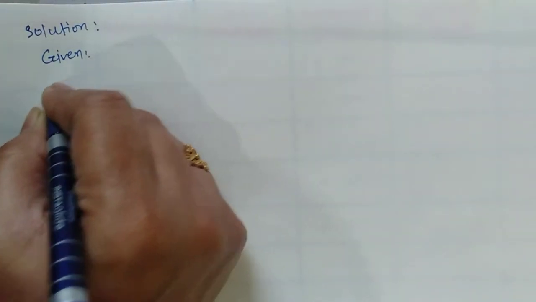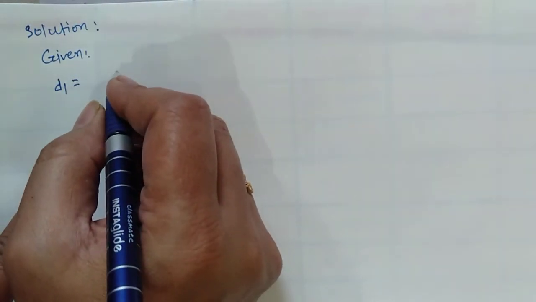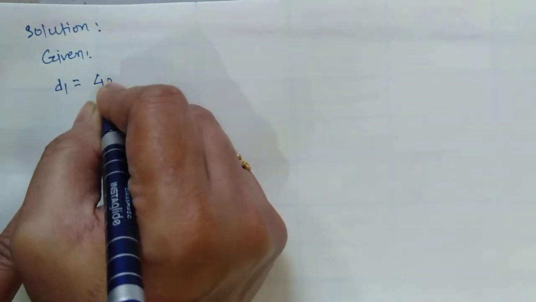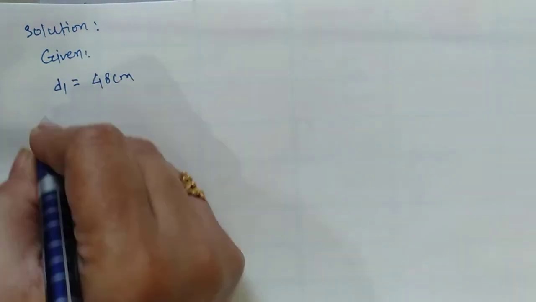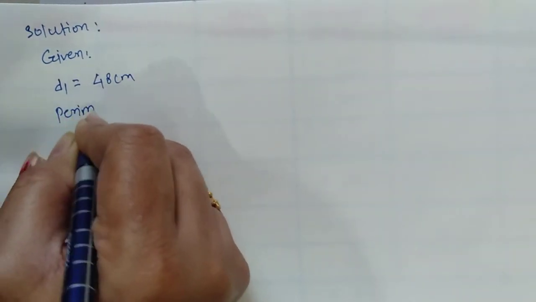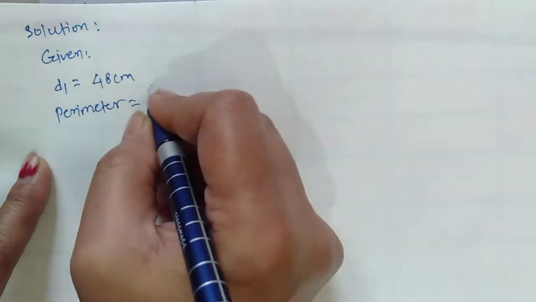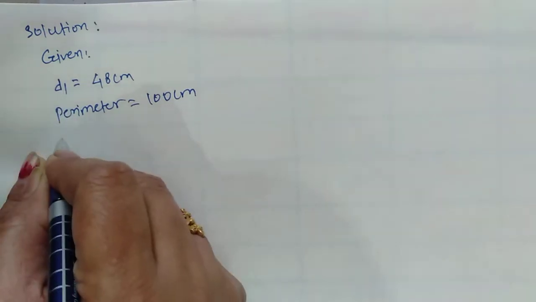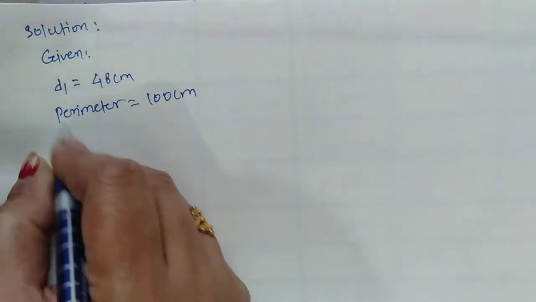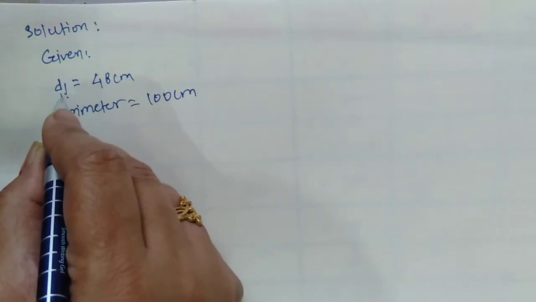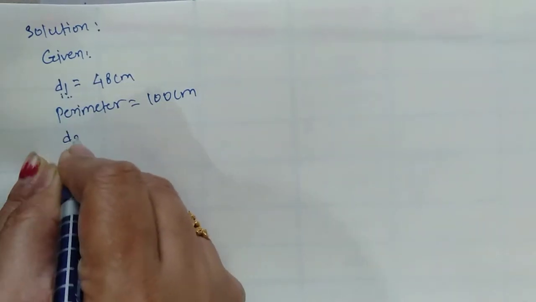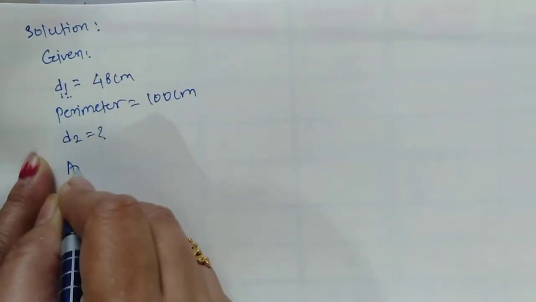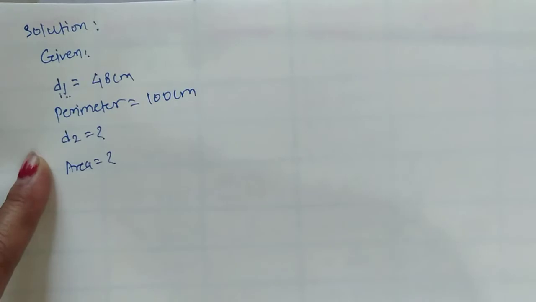Here d1 is equal to 48 centimeter. Perimeter is equal to 100 centimeter. Calculate the area. So to calculate the area we need d2, the second diagonal. So d2 is equal to question mark, area is equal to question mark.